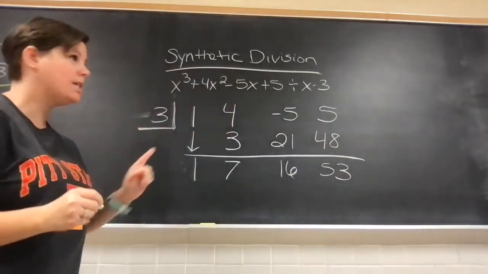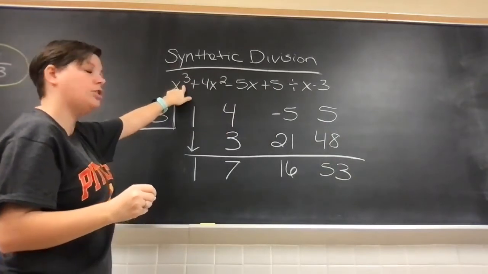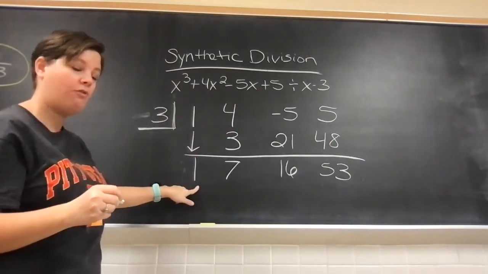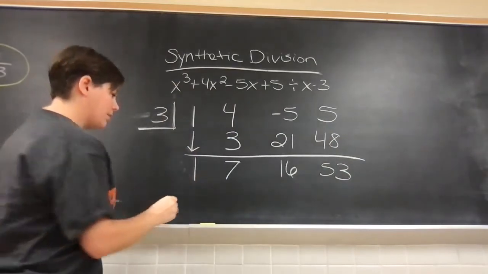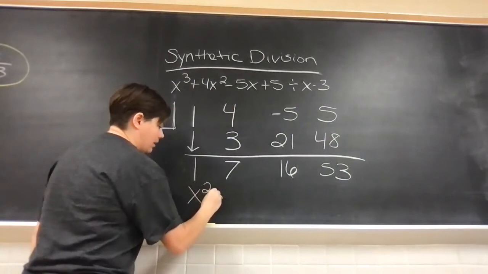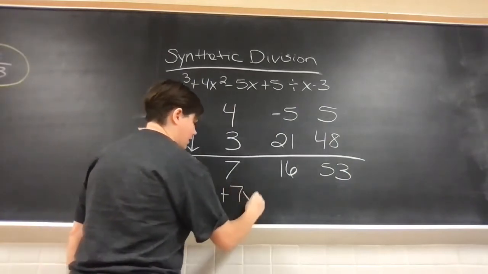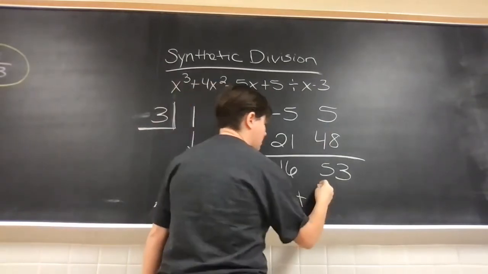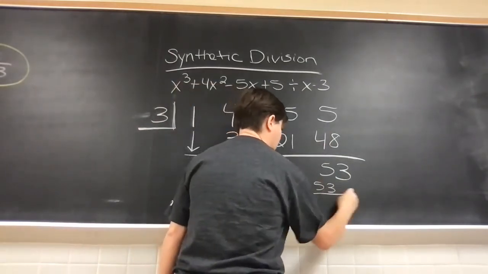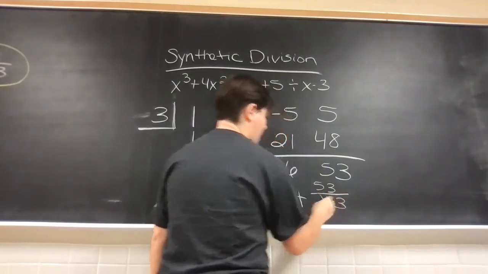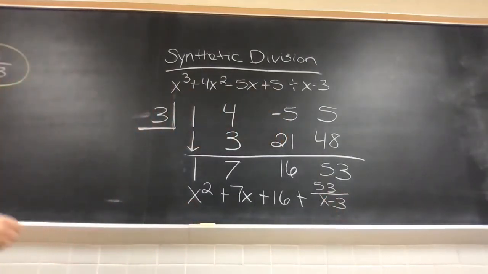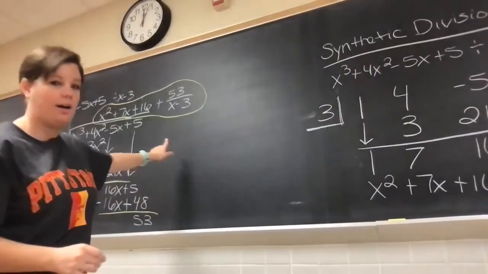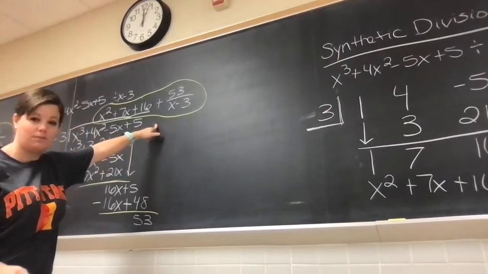Now, what we did was we started with an x to the cubed, so we're going to end with x squared. So these are my coefficients now, starting with x squared. So I have x squared plus 7x plus 16 plus, and this last number is my remainder, 53 over x minus 3, which, if you look, is exactly what we got when we did the long division.